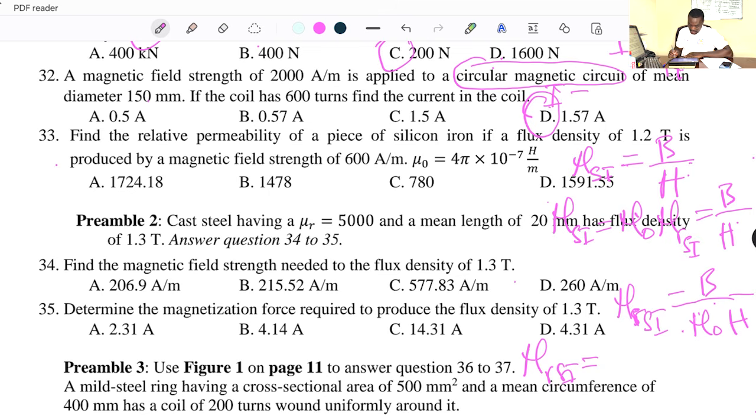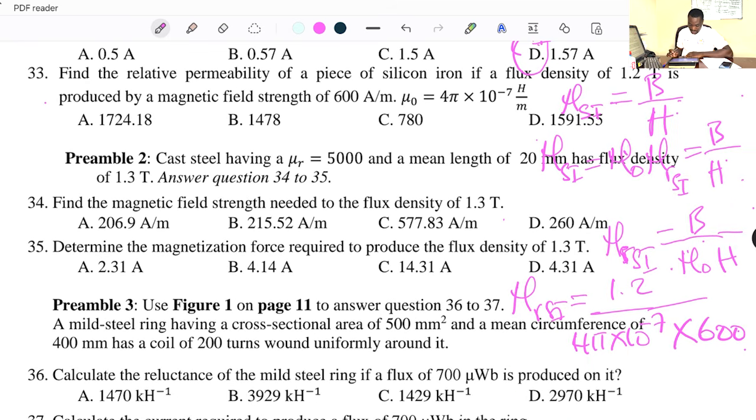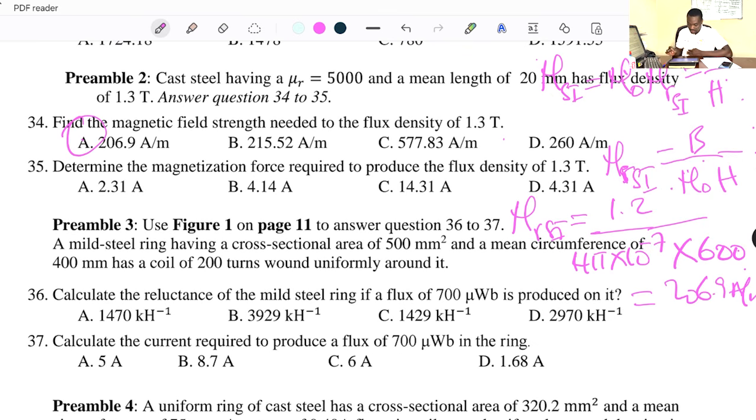The magnetic flux density is 1.2 over the permeability of free space, which is 4 pi times 10 to the power minus 7, times the magnetic field strength, which is 600. We do this, and you get the answer to be A, which is 269.8 amps per meter. So the answer here is A from this.